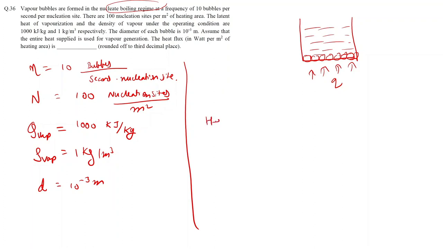Basically, the heat flux you can write as follows. Here we are providing heat and the bubbles are formed over here. These bubbles will have this latent heat of vaporization, and that will be used for the further boiling of the liquid.